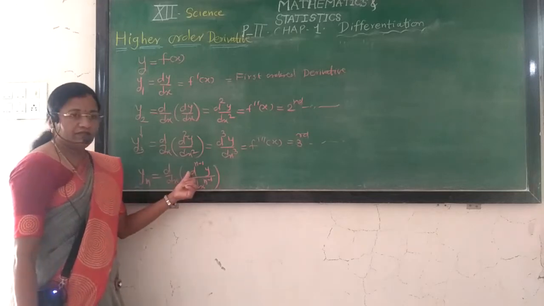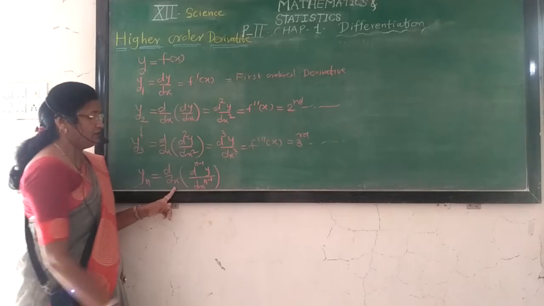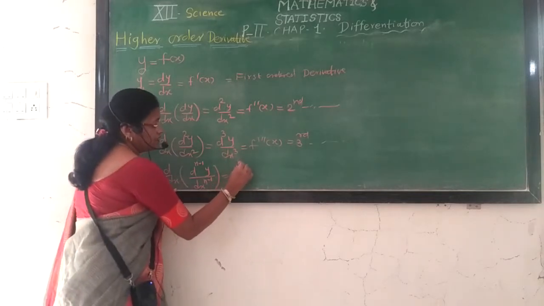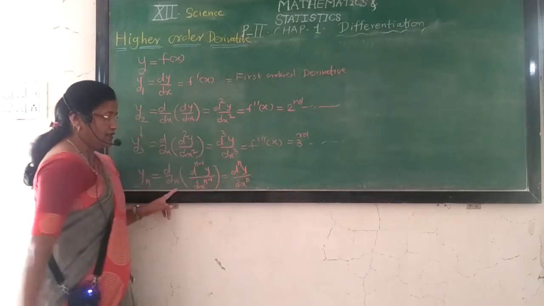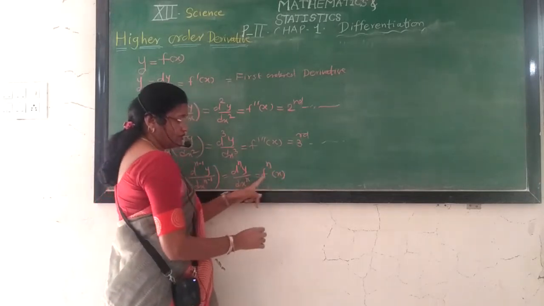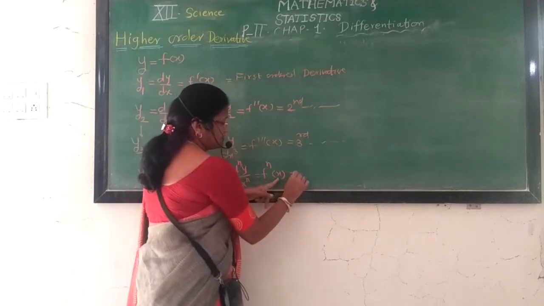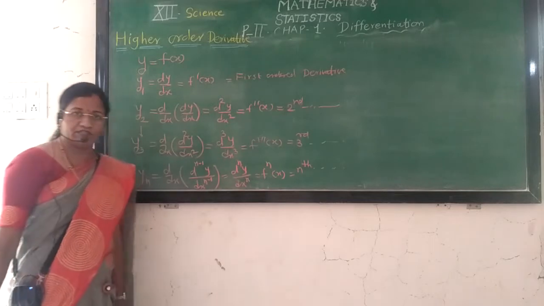As we find the derivative of order n minus 1, again that can be differentiated with respect to x. So we get here d raised to n y by dx raised to n, and that is called the nth order derivative of the given function.